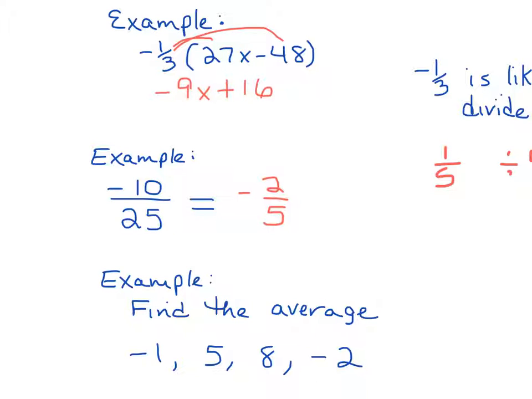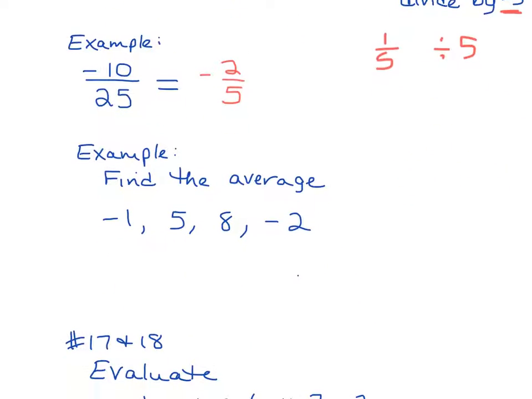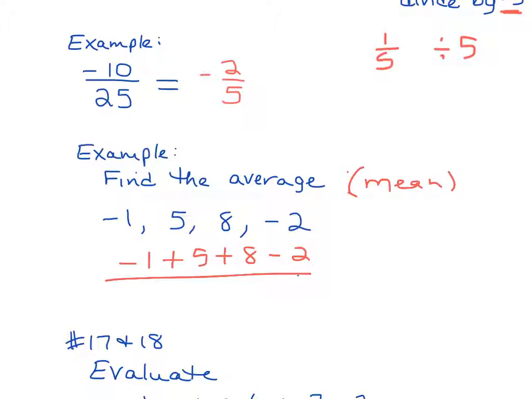Just like in last night's homework, you're also going to get an average question. Now you might have seen average represented in middle school as also called the mean. So average means you're just going to add up the numbers. So I'm going to add negative 1 plus 5 plus 8 minus 2, get that total, and then I'm going to divide by however many numbers I have.